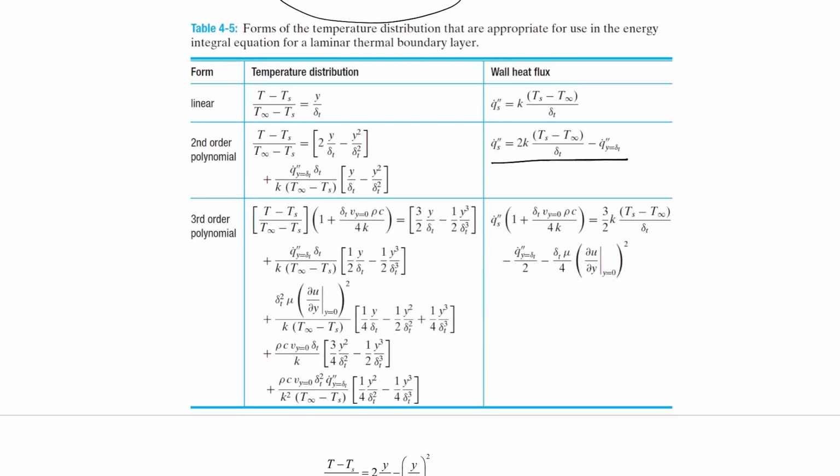When we've done our models before, like in the 1D transient conduction problem, we set the thermal resistance to correspond with delta T, the thermal penetration depth. This solution, and actually our assumption of what the temperature profile looks like, leads to an equivalent heat transfer relationship that says my resistance is actually based on delta T over 2. So don't get too thrown off by that. It's something that falls out of our assumption of what the temperature profile looks like.